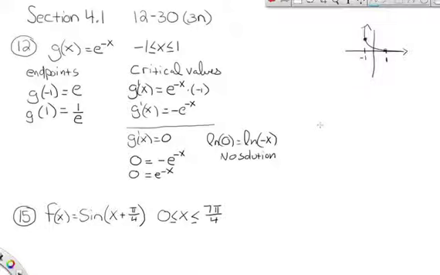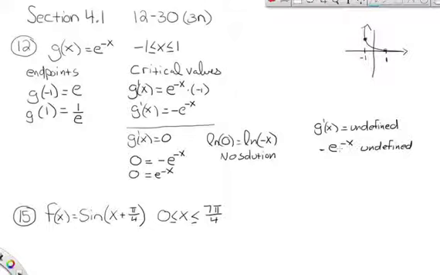Now we also need to look at when the derivative of g is undefined. Let me rephrase what I was going to say. I was taking this in a different direction. So now I want to know, when is negative e to the negative x undefined, and there is no value of x that I can't plug in.